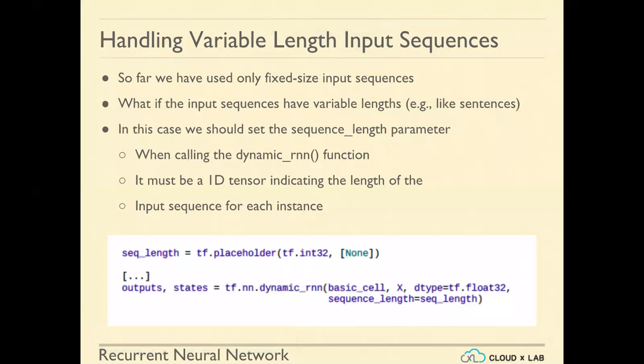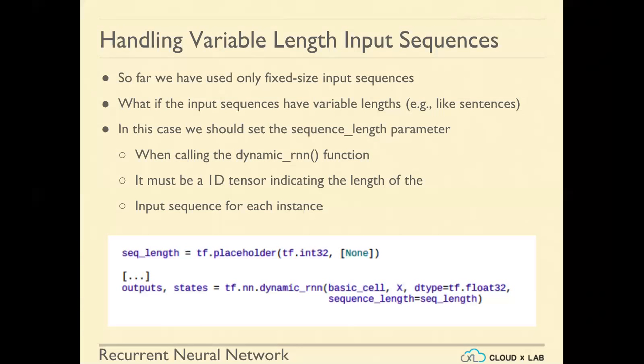If we have a varying number of steps in the input, right now all the instances or batches that we are feeding have an equal number of steps. In some cases, we may not have all the steps. Right now we have a total of 2 steps, and every instance has 2 values.